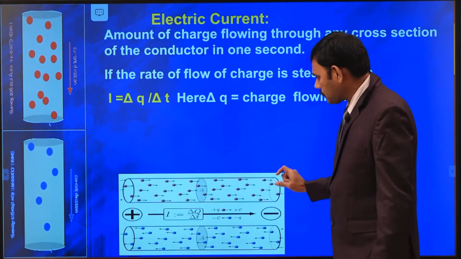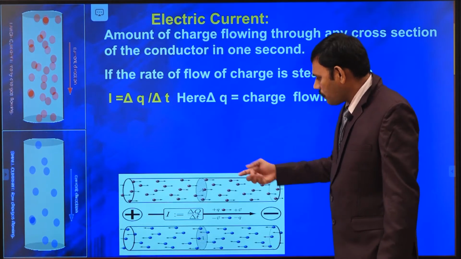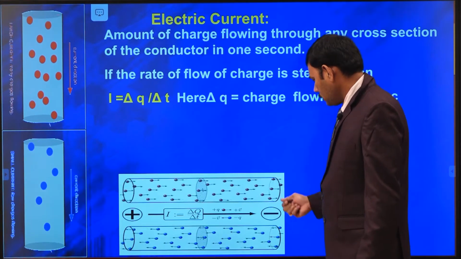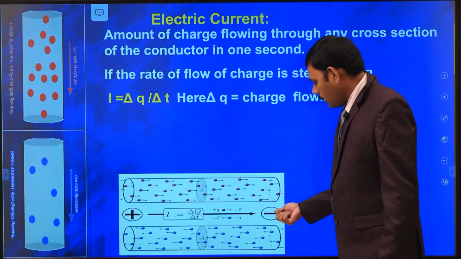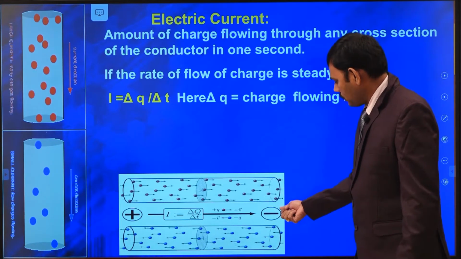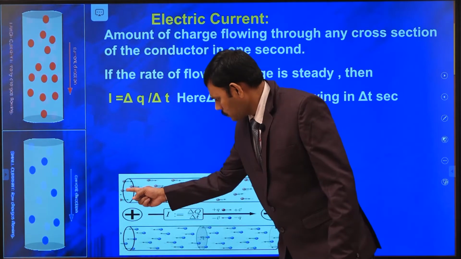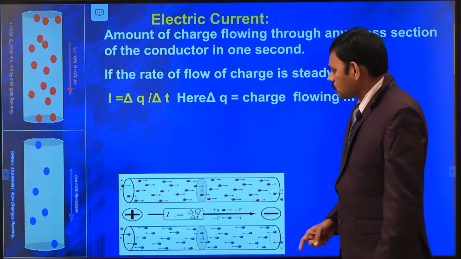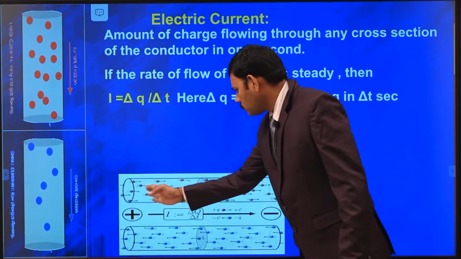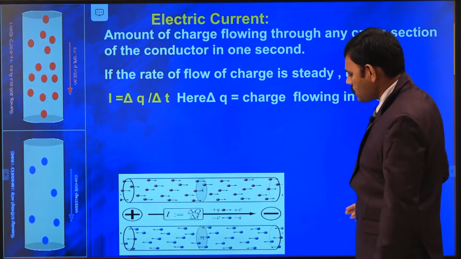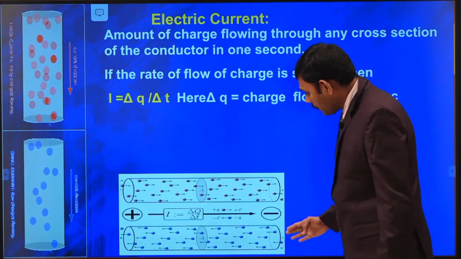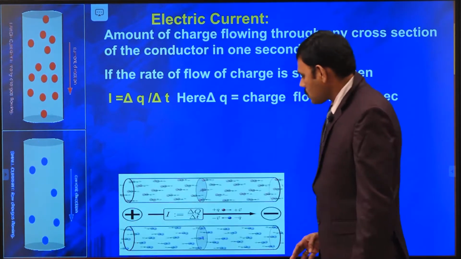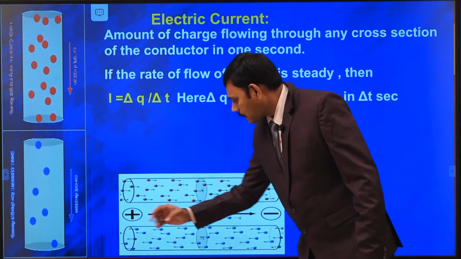This end is given the negative terminal of the battery, and this end is given the positive terminal of the battery. Due to this, the positive charges are moving in this direction, and in violet color you are observing electrons moving along the conductor.